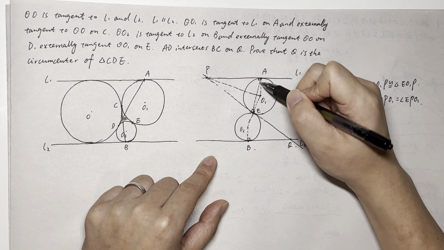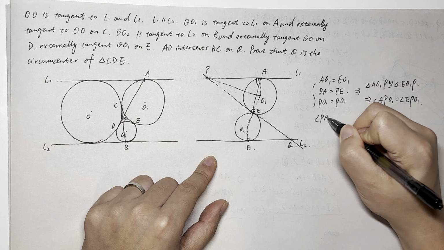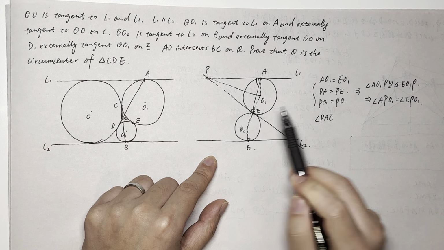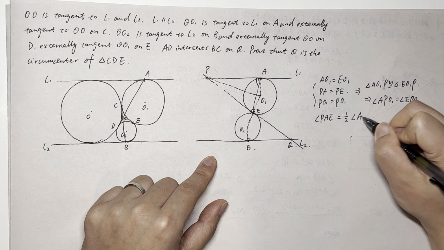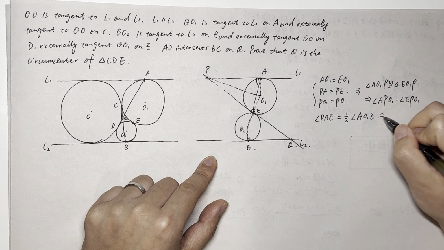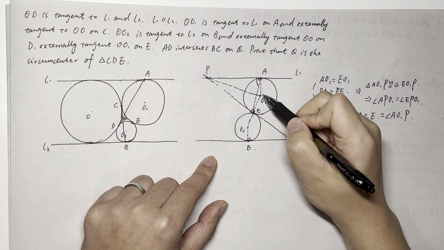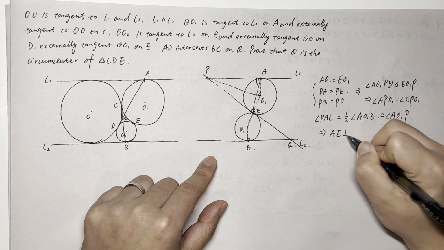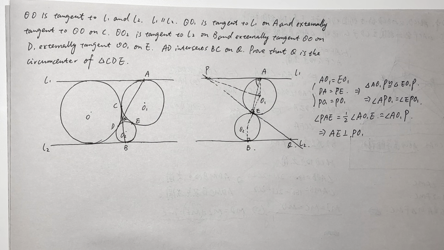So we know that angle PAE equals half of angle AO1E, so it equals angle AO1P. This one equals this, which means AE is perpendicular to PO1.